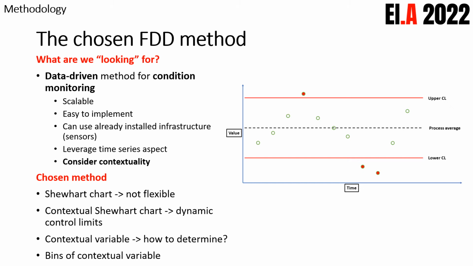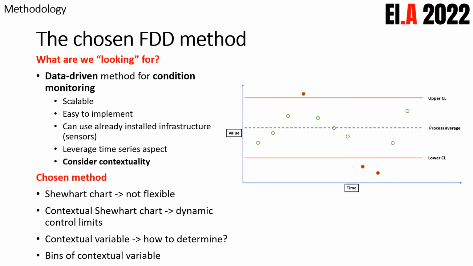In the winter, this is perhaps what is normal, but in summer a wider gap is allowed or something like that. So how do we do this? We use a so-called contextual variable to create dynamic control limits, and this could be based on outside temperature, so that we create specific control limits for all times where the outside temperature is at a certain temperature.